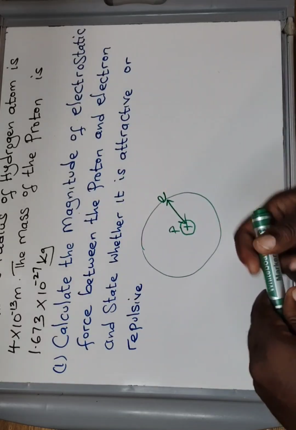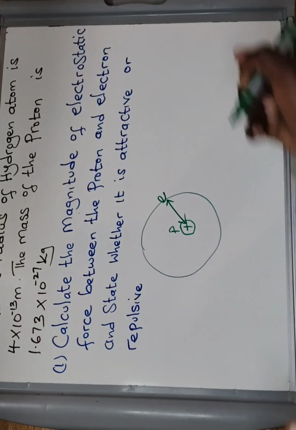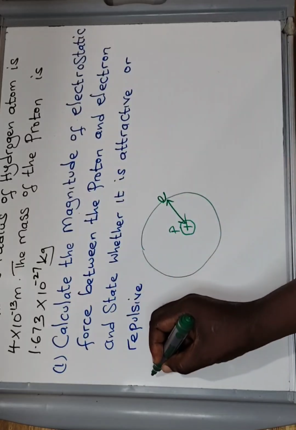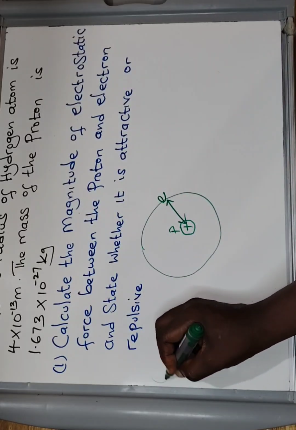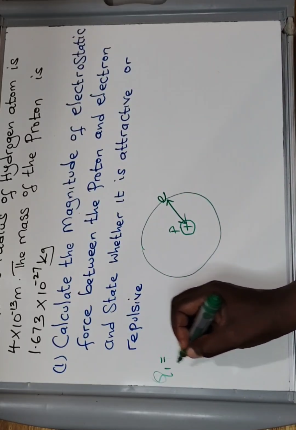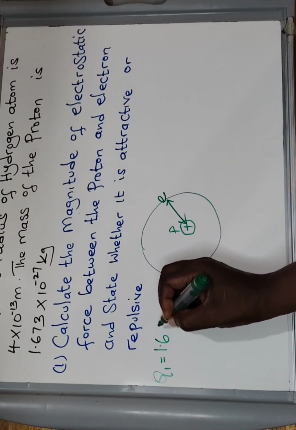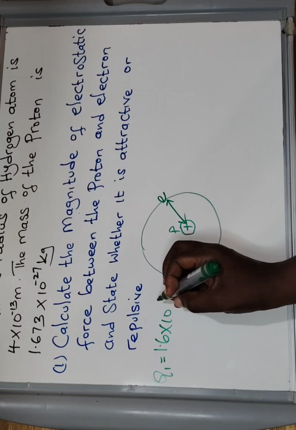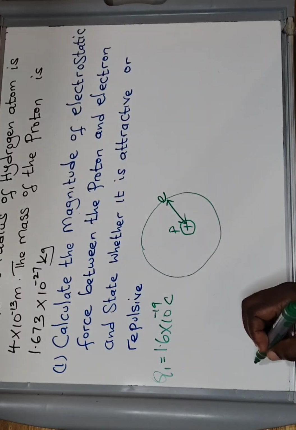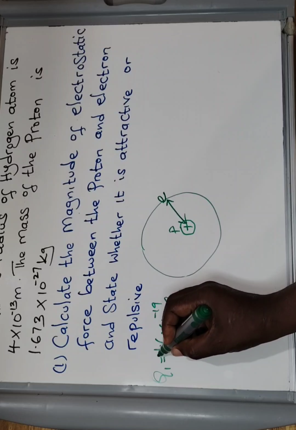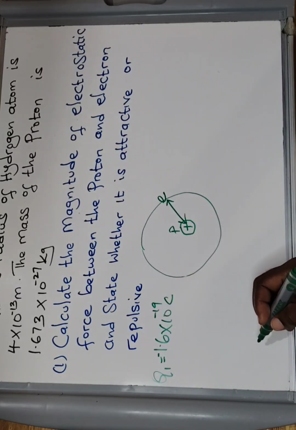So with this information, let us list what we have. First of all, Q1, let us call this one the electron. The charge of the electron is 1.6 times 10 power minus 19 Coulomb, and the charge is negative.